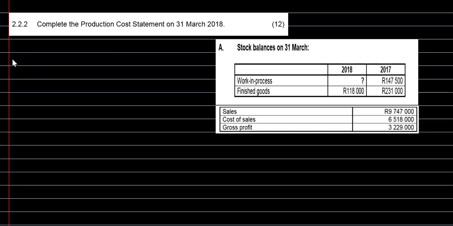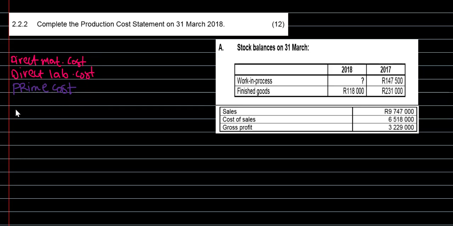We start by writing direct material cost. Then we're going to say plus direct labor cost. When you add direct material plus direct labor, you get a prime cost.